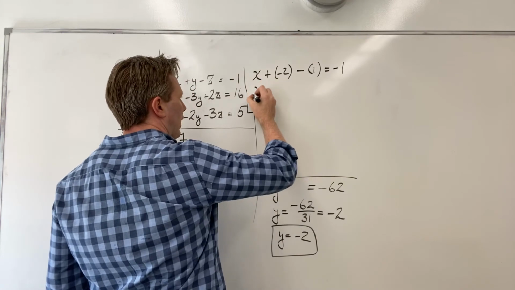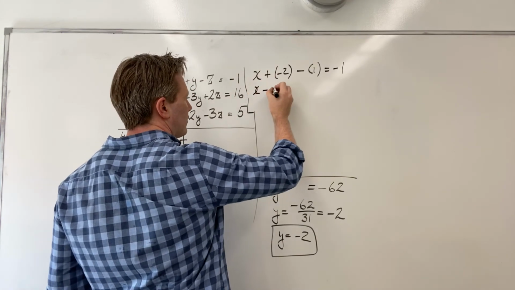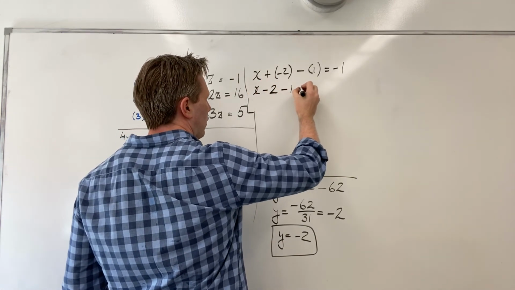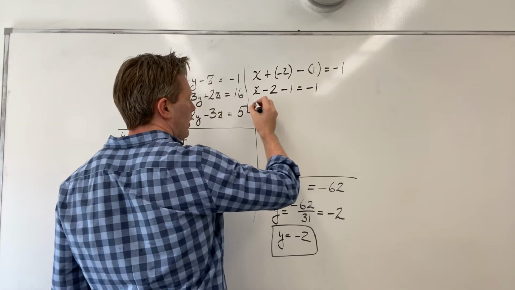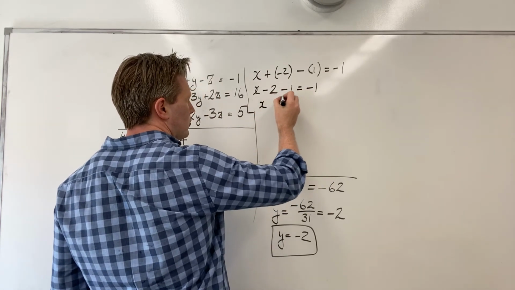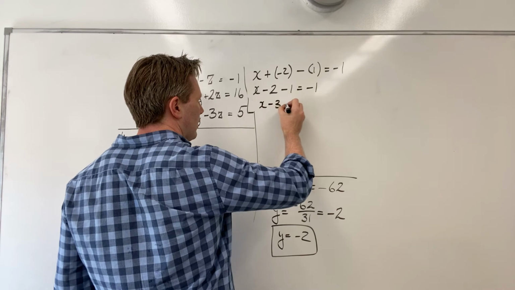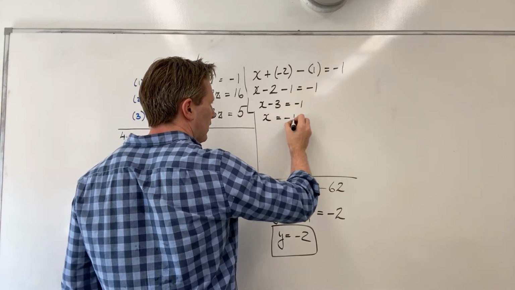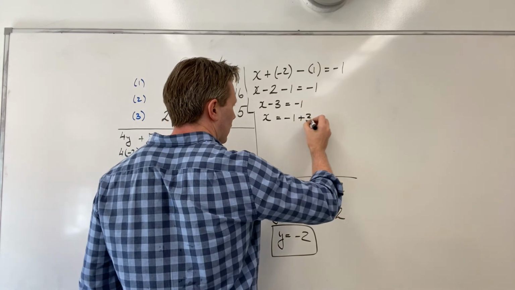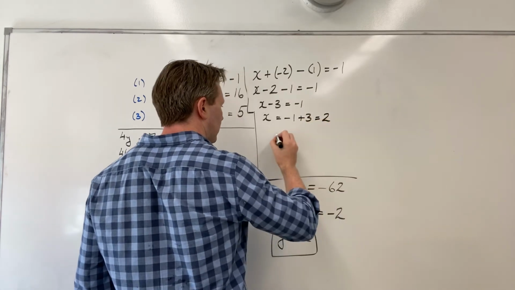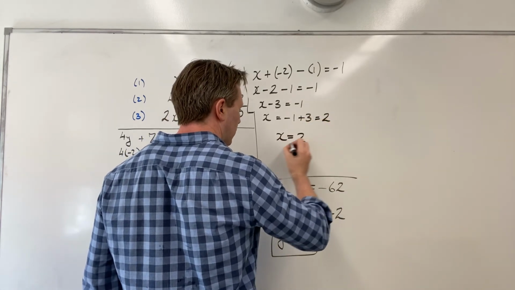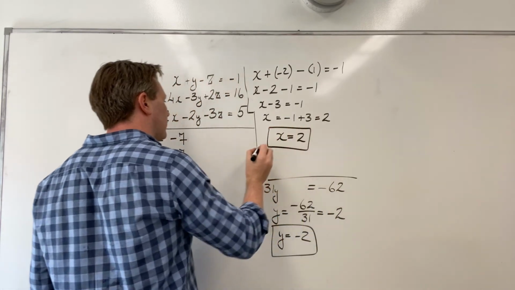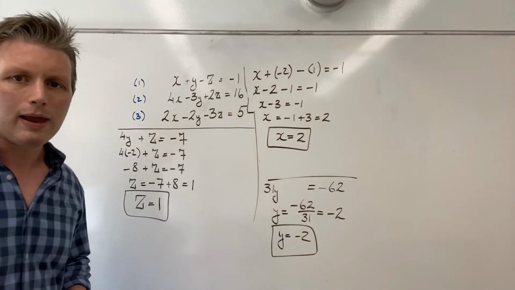And so therefore, that is x minus 2 minus 1 is equal to minus 1. Therefore, x minus 2 minus 1 is minus 3. And therefore, adding 3 to both sides, I get x is equal to minus 1 plus 3, which is 2. And so I get that x is equal to 2. And that's my value for my x.